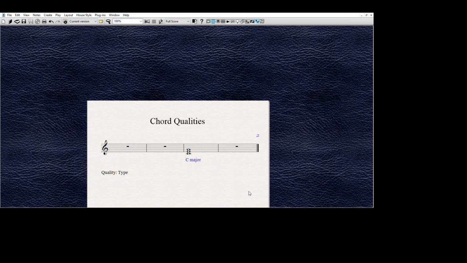Now, let's deal with some vocabulary. The word major means large or big.